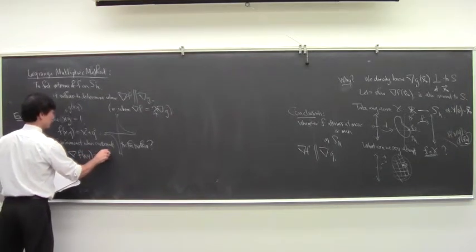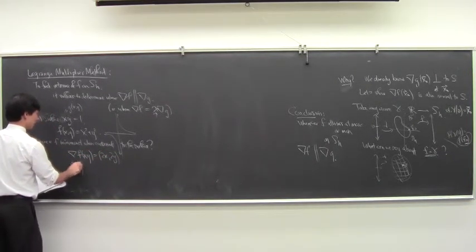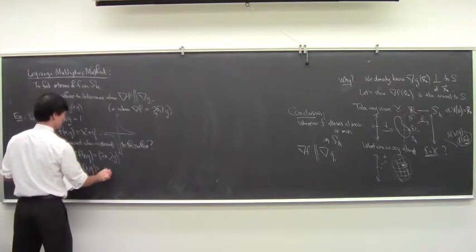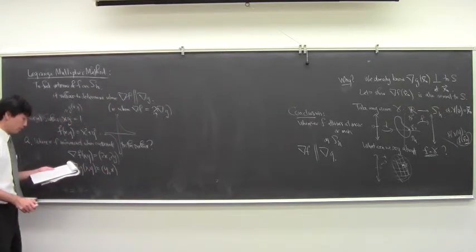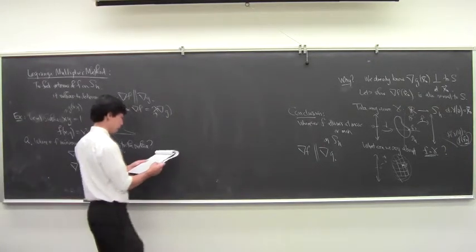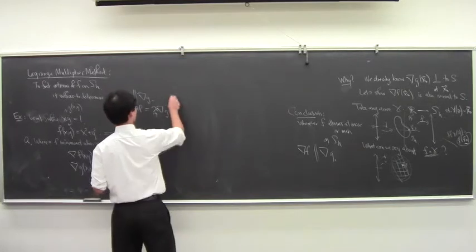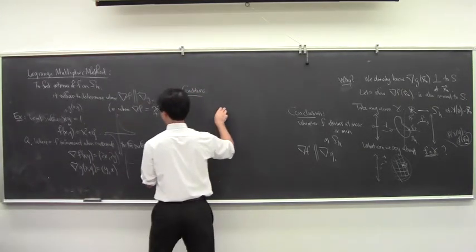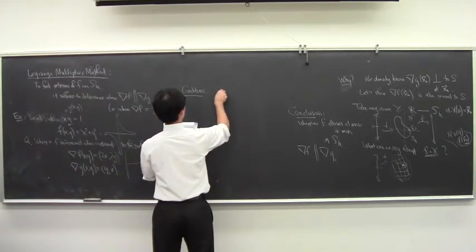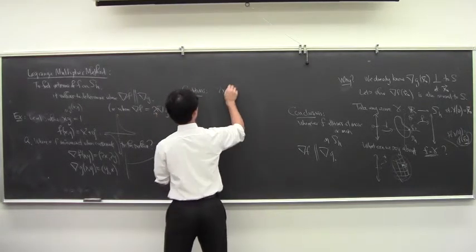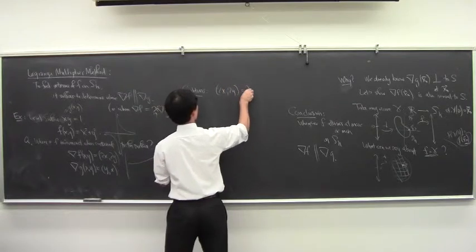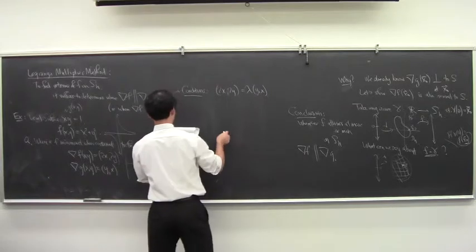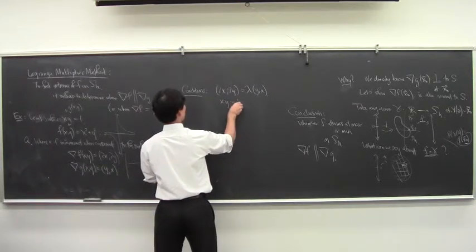The gradient of f will be 2x, 2y, the gradient of g is going to be y, x. So our conditions become that 2x, 2y should be some multiple of y, x, and you want xy to be equal to 1.